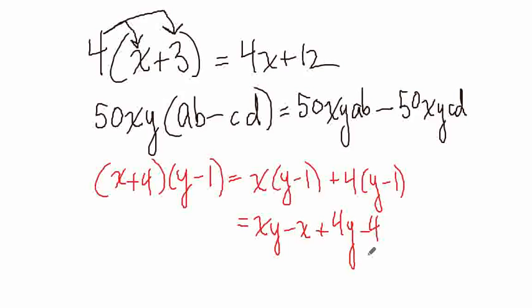Okay, now if I had 3, 4, 5 parentheses, it would be the same way. I'd have x. Let's say the first parenthesis was x plus 4. So x times all the rest, however many parentheses there are, and then plus 4 times, and again, however many parentheses there are, and then I do each of those separately. Okay, so this will always work.